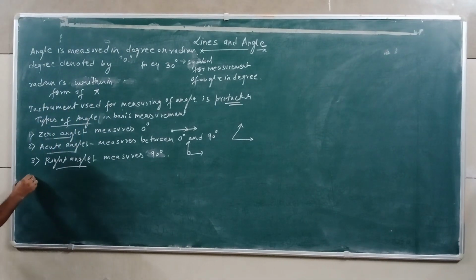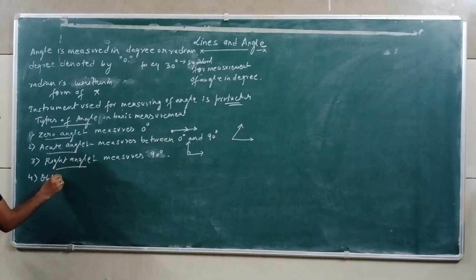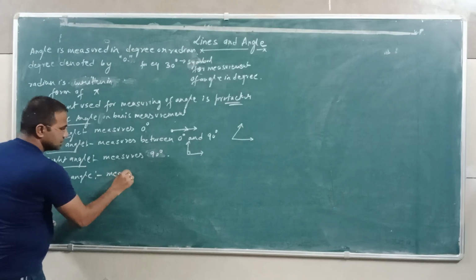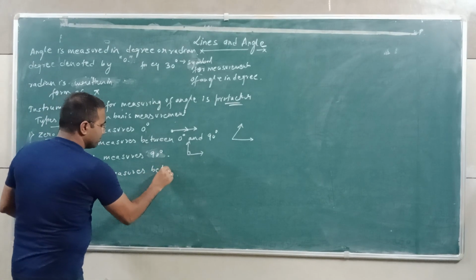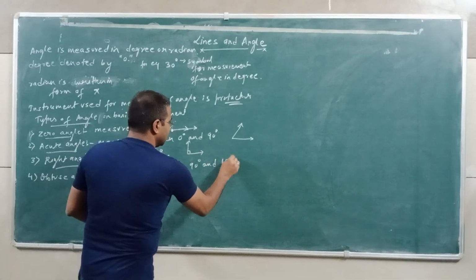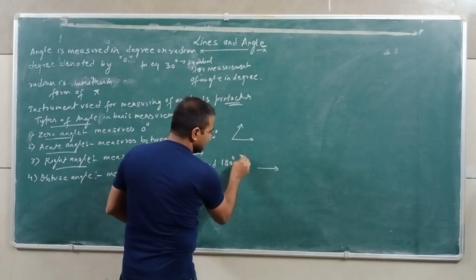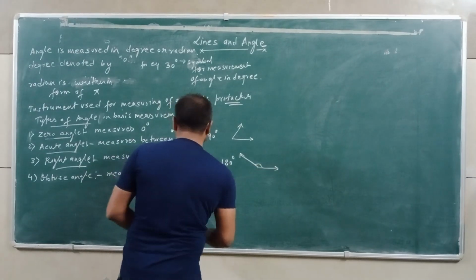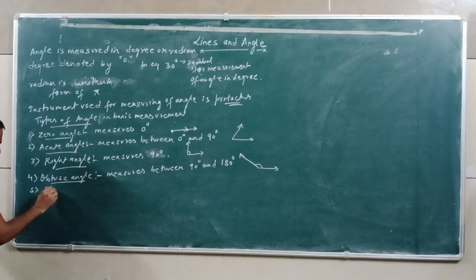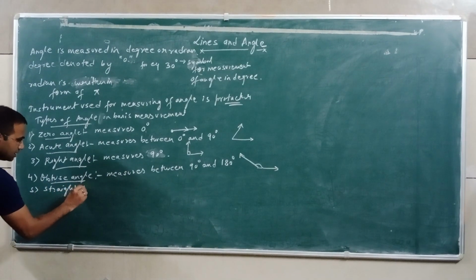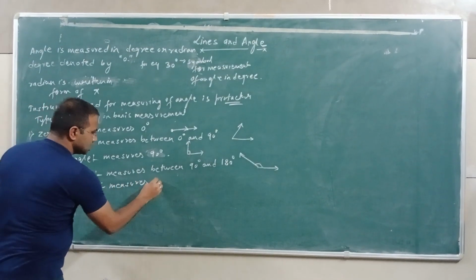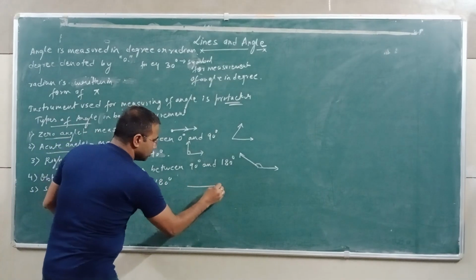Now see the fourth one will be obtuse angle. Obtuse angle measures between 90 degree and 180 degree, and it is denoted by a symbol like this. See here, this is obtuse angle. Now the fifth one will be straight angle. Straight angle measures 180 degree, and it is denoted by a symbol like this.